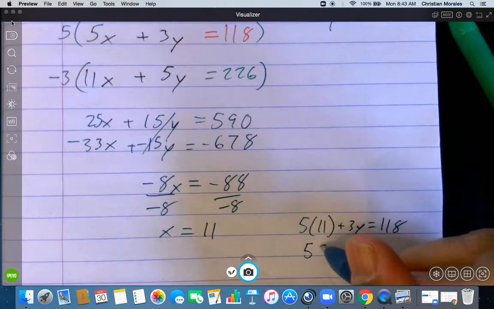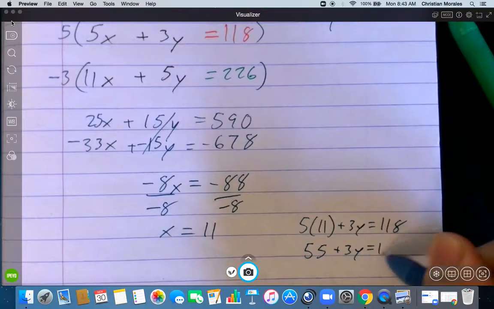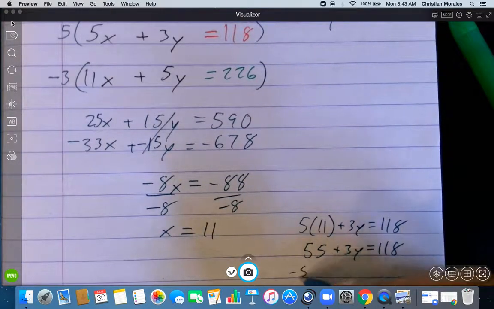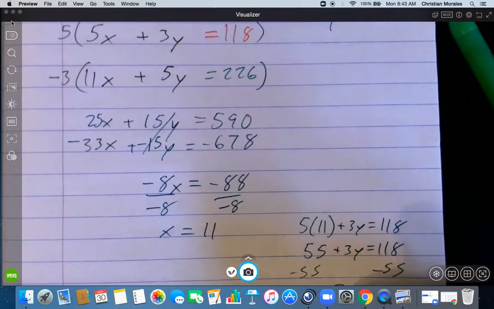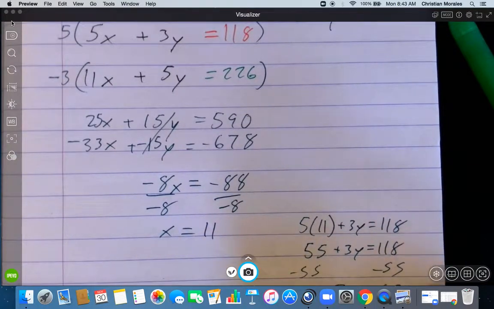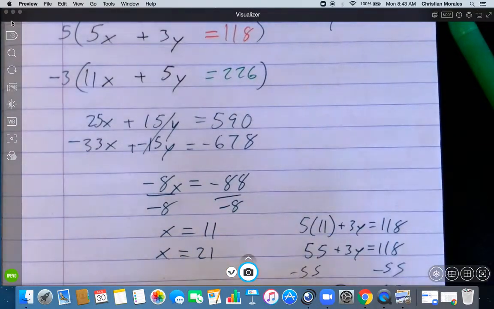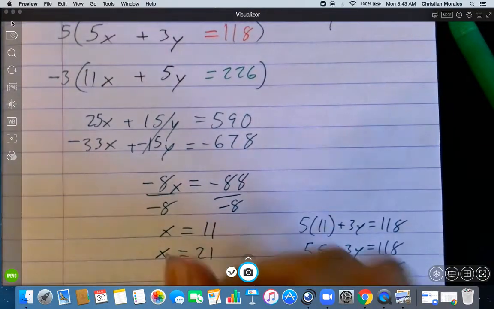So that's 55 plus 3y equals 118. 118 minus 55 on both sides, I get 63. Divide that by 3. I get 21. So y equals 21.